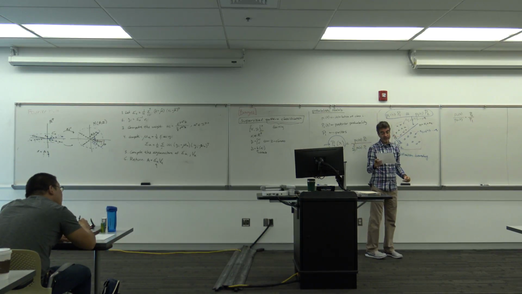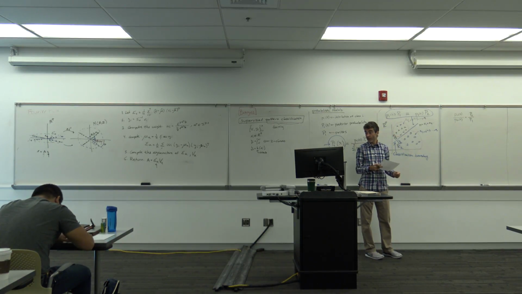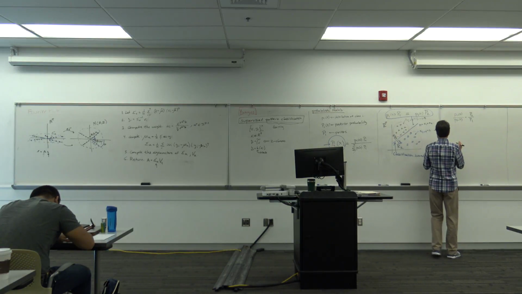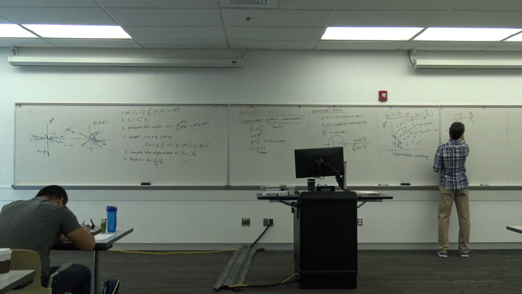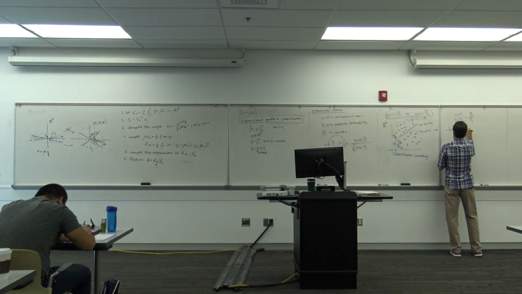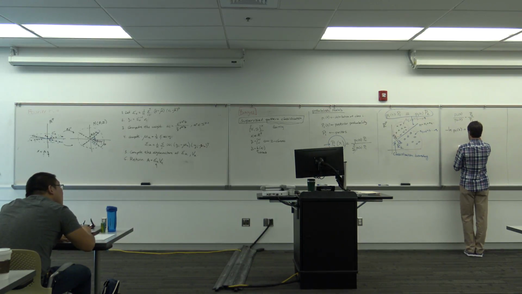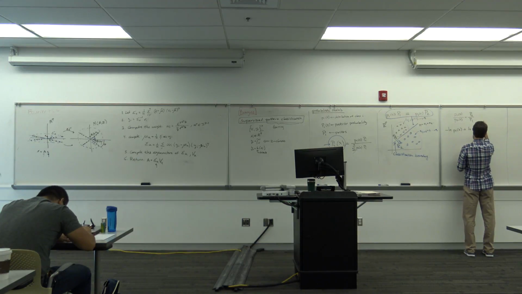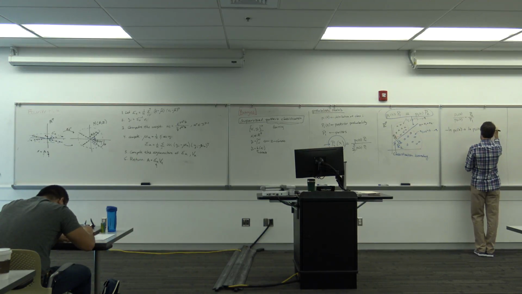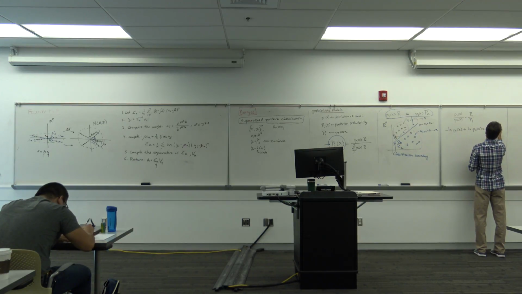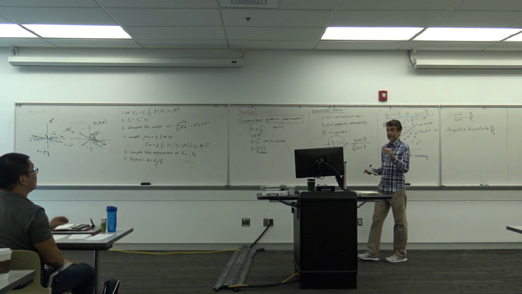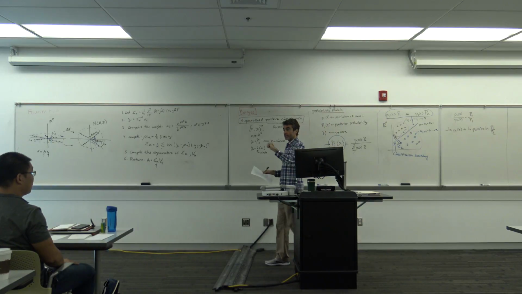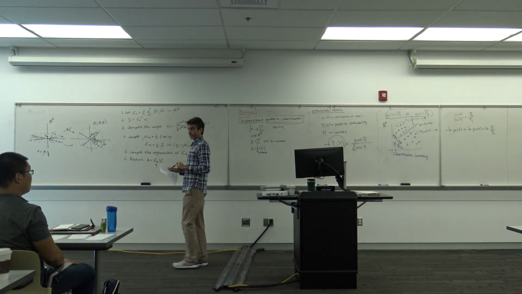And now I'm going to take the negative log of that. So I'm going to write that the negative of the log of p1 of x plus the log of p2 of x has to be equal to the log of P1 over P2. All I've done is take the log on each side and add a negative sign.